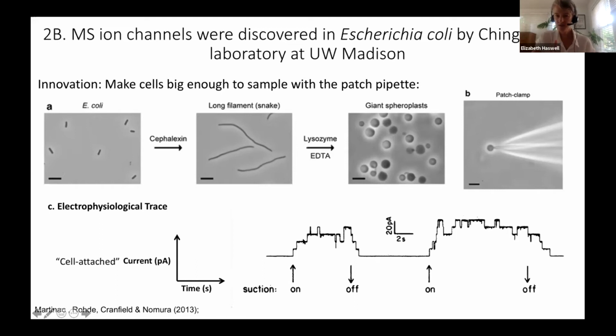Each of those steps is one ion channel opening. So an ion channel opens, and then another one opens, and then another one opens, and then another. So it looks like they've got 4 channels in this patch. And then when they release the suction, you can see those channels one by one closing. So it really is single molecule imaging, but you're detecting the activity of individual channels in that pipette.